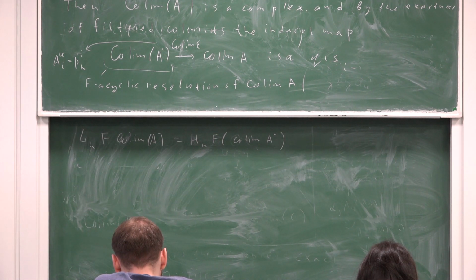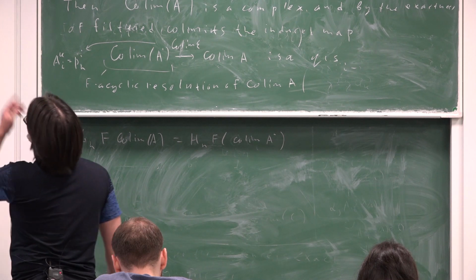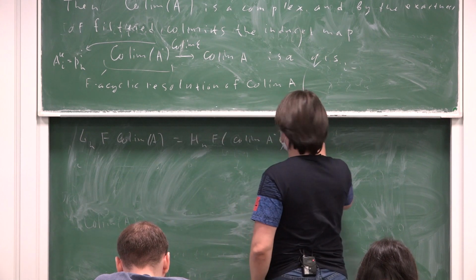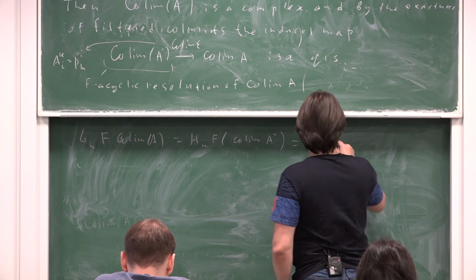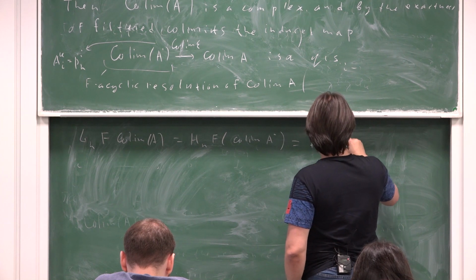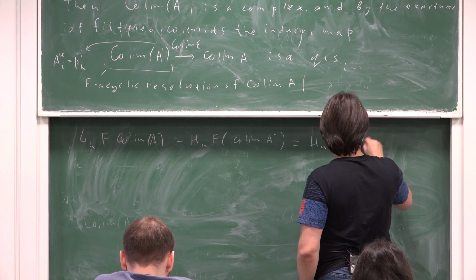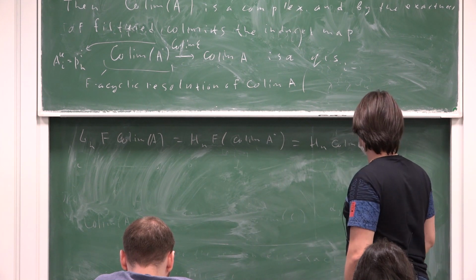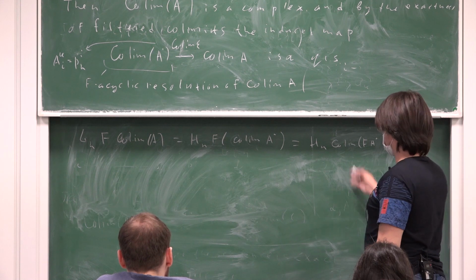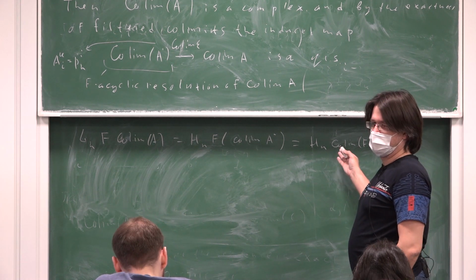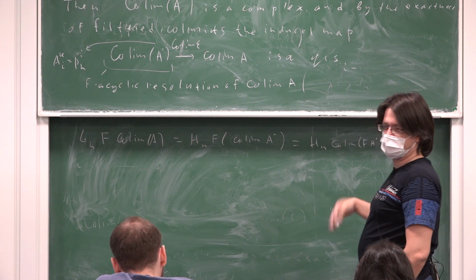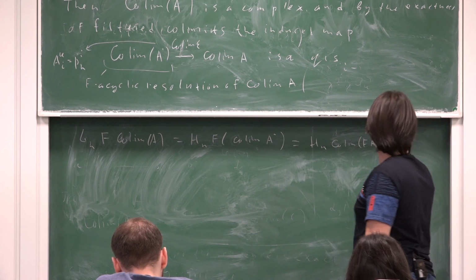Now by our assumption f commutes with colimits, so it's the same thing as homology of the colimit of f P dot. But filtered colimits are exact, so it commutes with homology, because homology can be expressed in terms of short exact sequences.